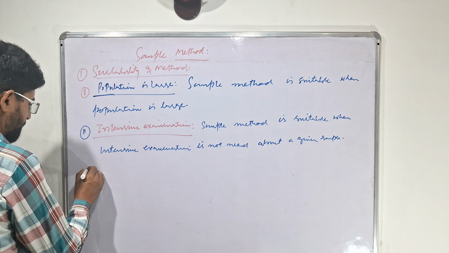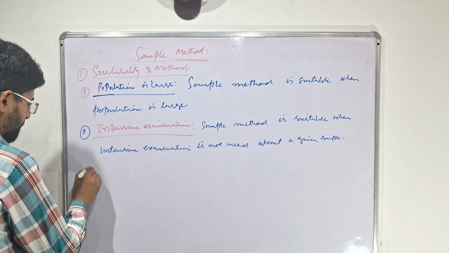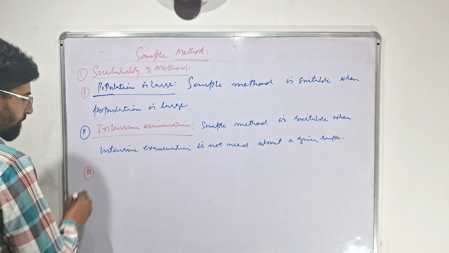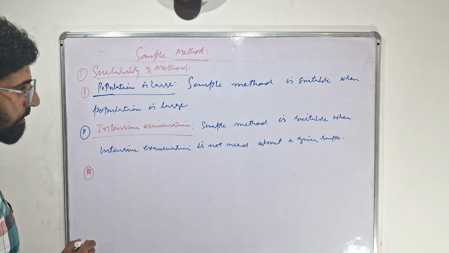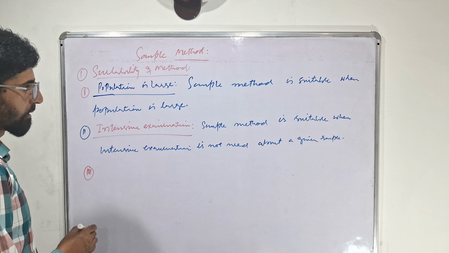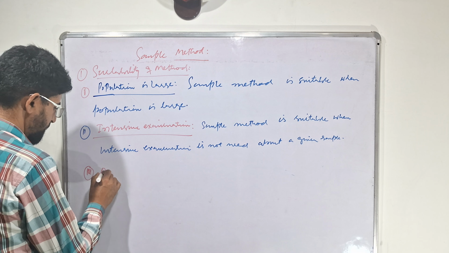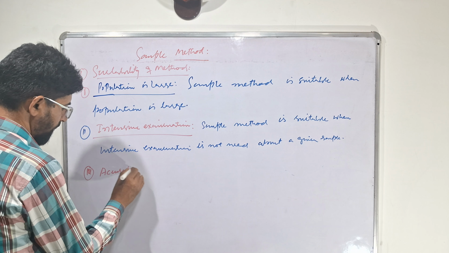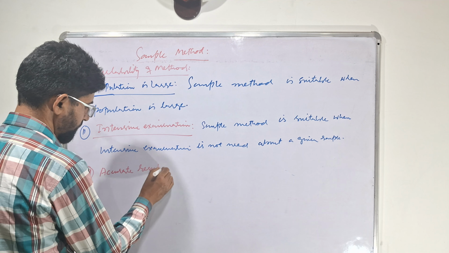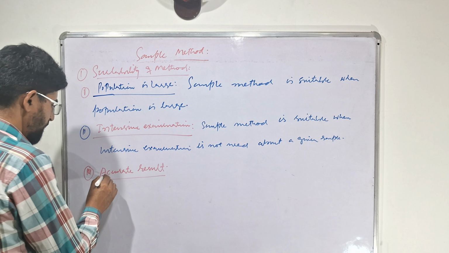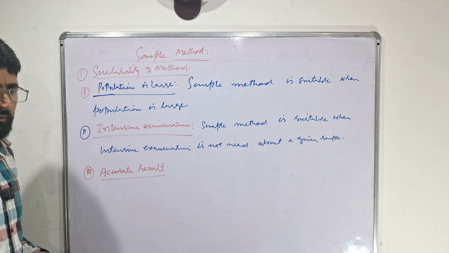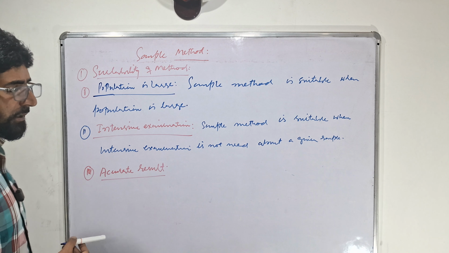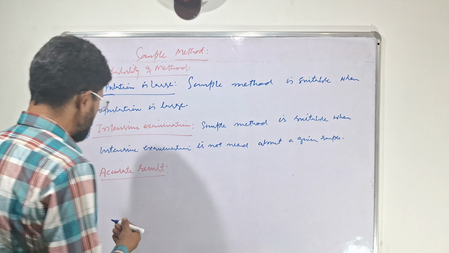Third, accurate result. As for accuracy, the general census method is better, as sample method can predict a wrong result.